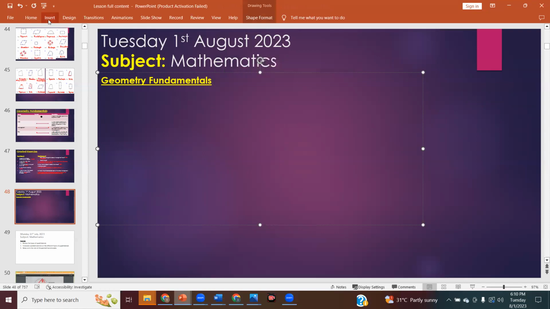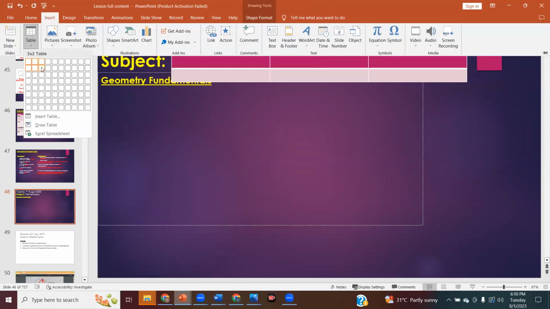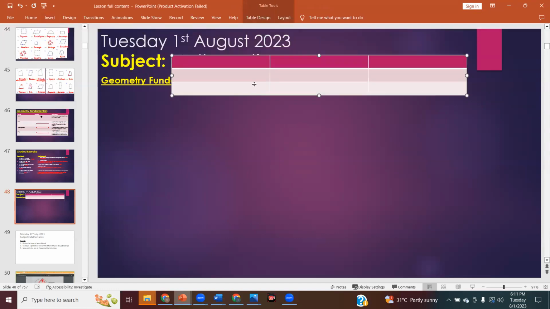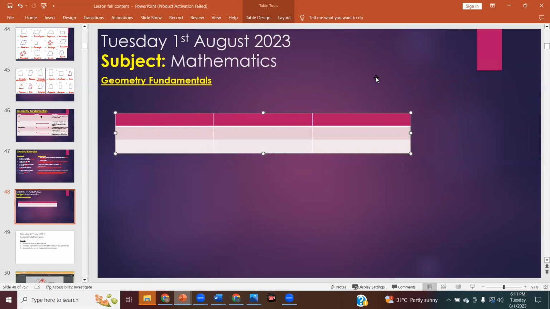We're going to be looking at the types of lines. So for each one we'll have the name, the symbol, and of course the definition.